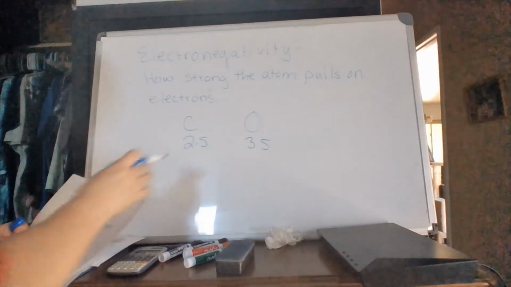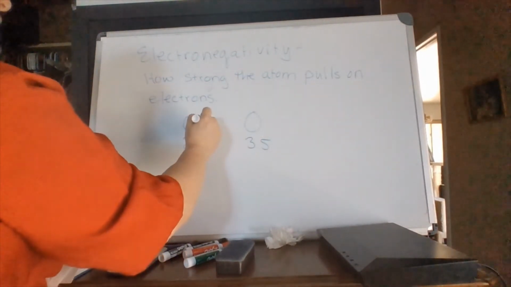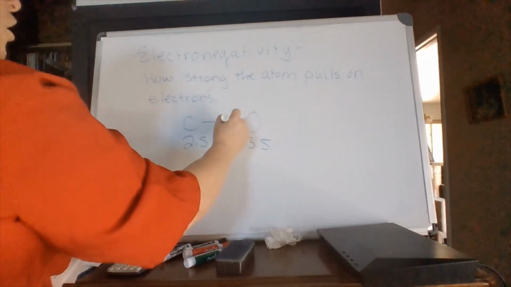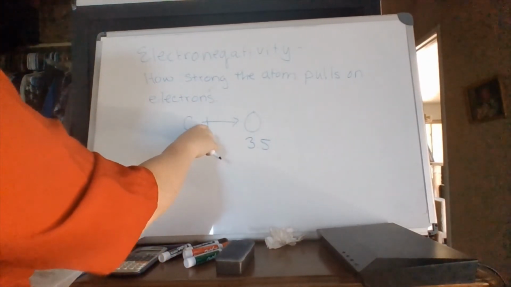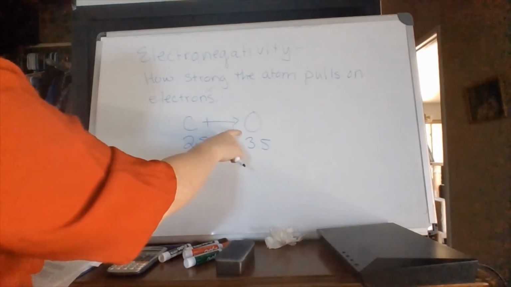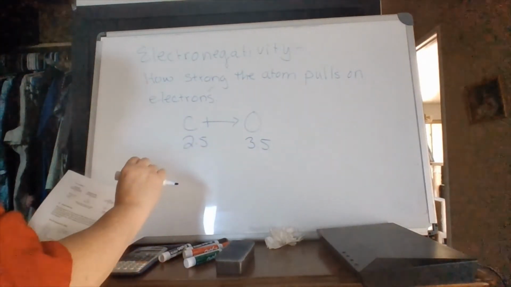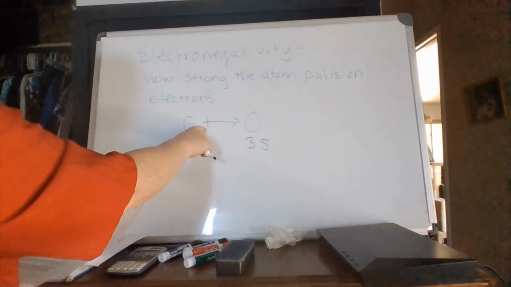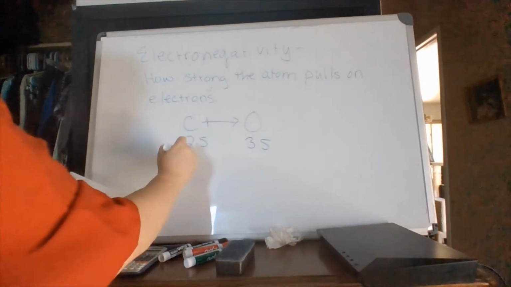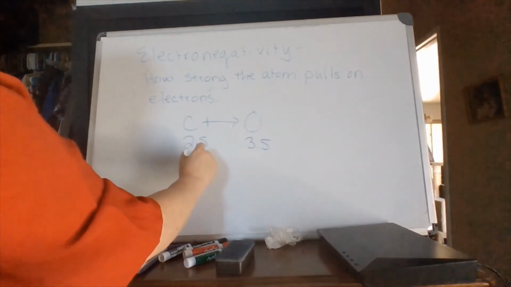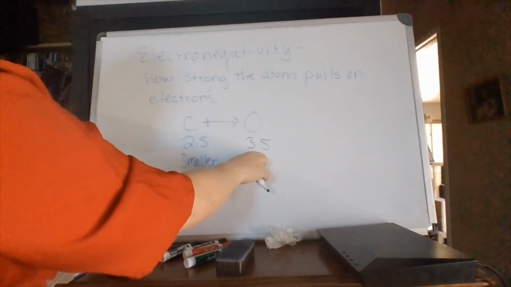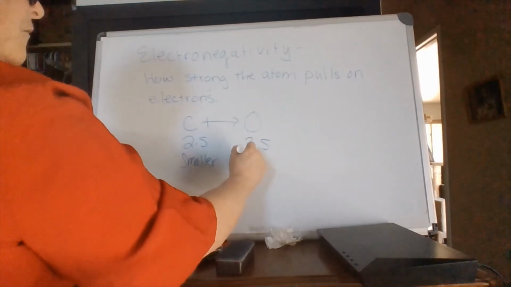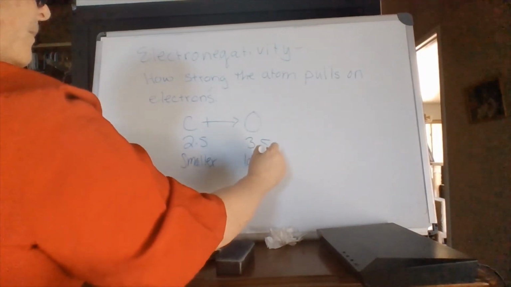That means if there's a carbon bonded to an oxygen, the carbon will be partially positive and the oxygen will be partially negative. So we put a positive sign on one end of the bond for the smaller number, and we put an arrow on the negative side of the bond for the larger number.